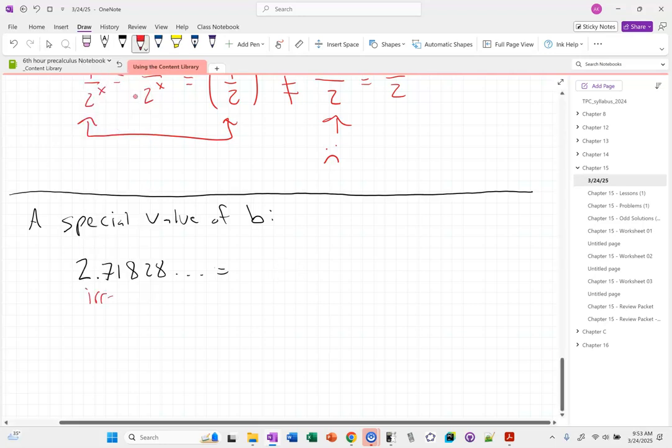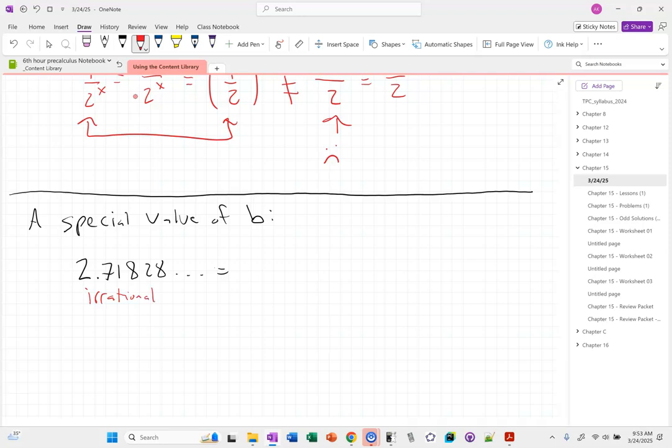This number is an irrational number. Do you remember what irrational means? Okay, so it means that it can't be written as a fraction. That means the decimal is never ending and there's no pattern to the digits, right? Like 1/3 is a never ending decimal, but there's a pattern. It just through, you know.